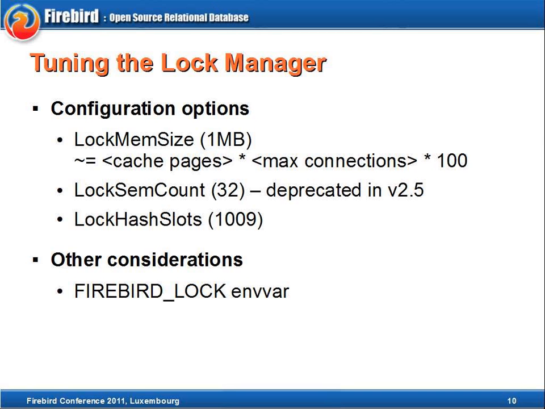And one more thing. There is an environment variable, FIREBIRD_LOCK, which defines where the log table is located. By default, in Firebird versions prior to 2.5, it was located in the root directory of the Firebird installation. It gets created with the first connection and gets cleared, but usually not deleted, after the last connection.